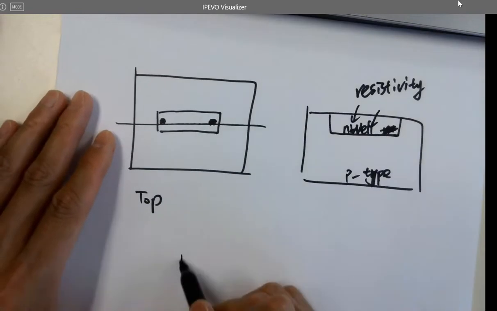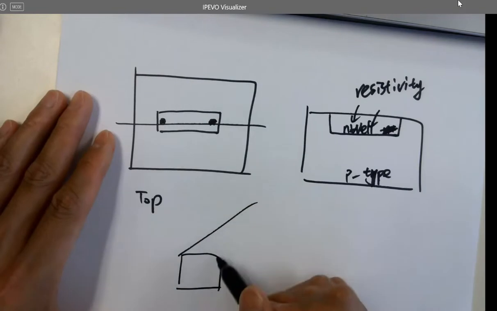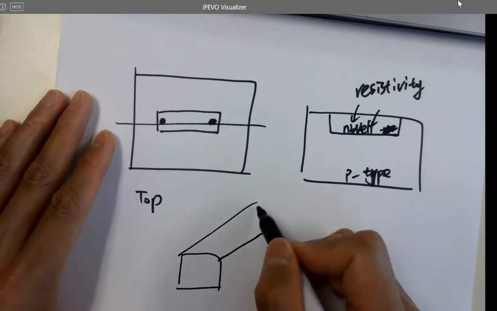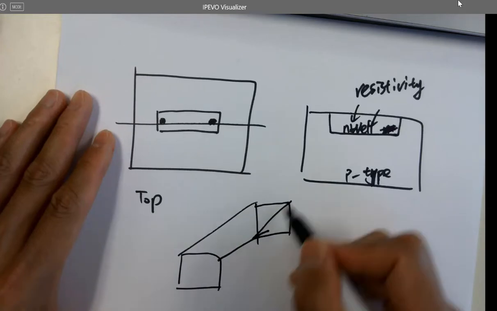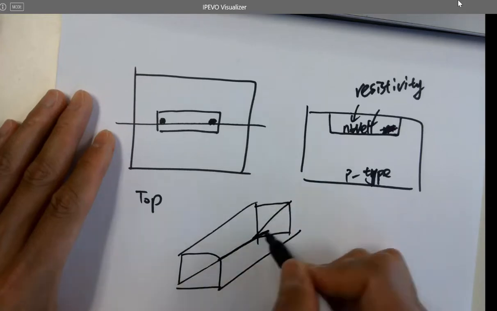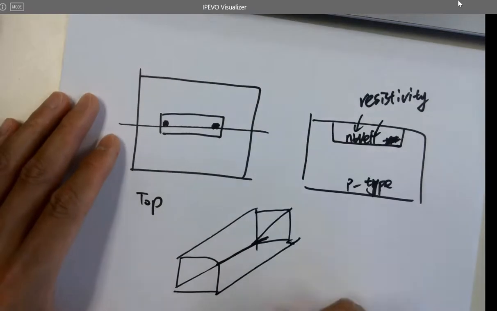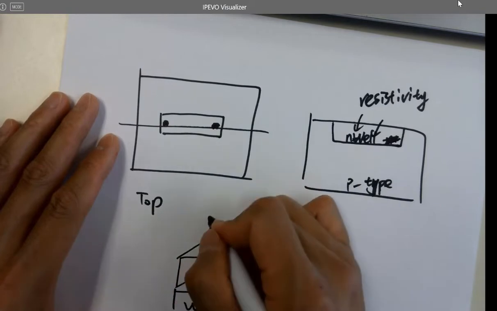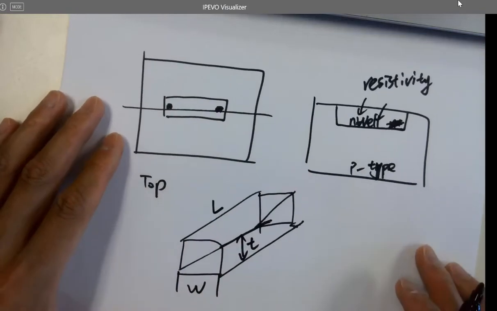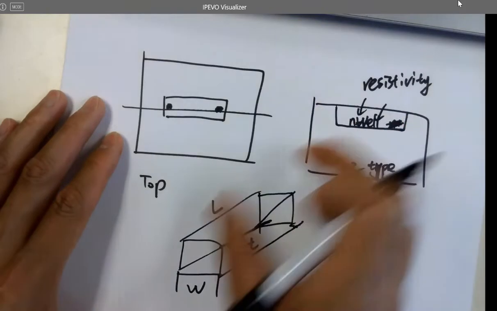If you draw it like that, this is the width, this is the thickness, and this is the length. It's a piece of material in here.